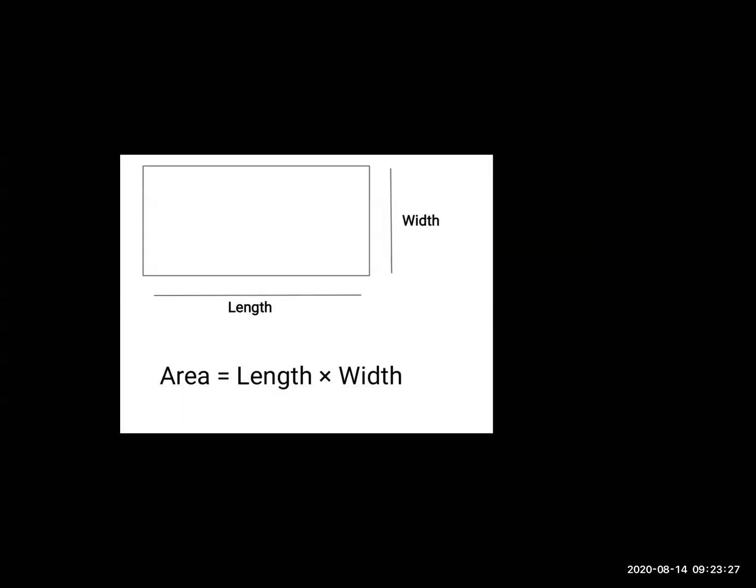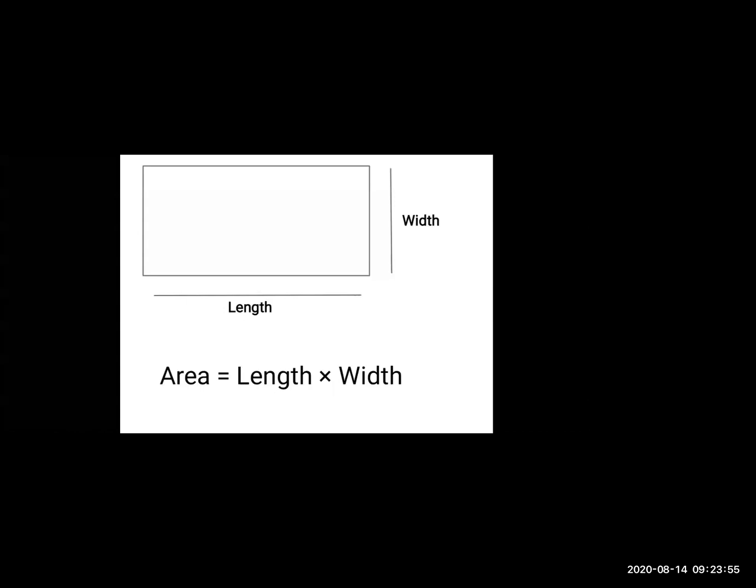The longest side of the rectangle is the length, and the shortest side of the rectangle is the width. So to calculate the area of this rectangle, we have to use the formula length into width. The formula to calculate the area of two-dimensional objects like this rectangle is area equals length times width.